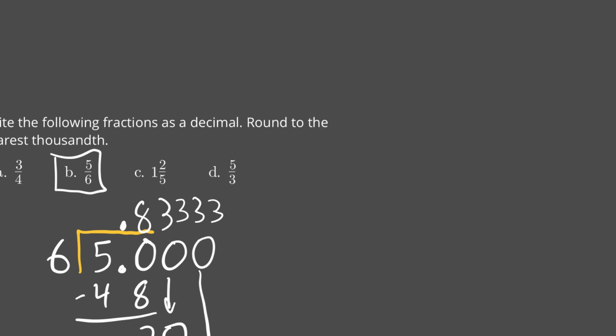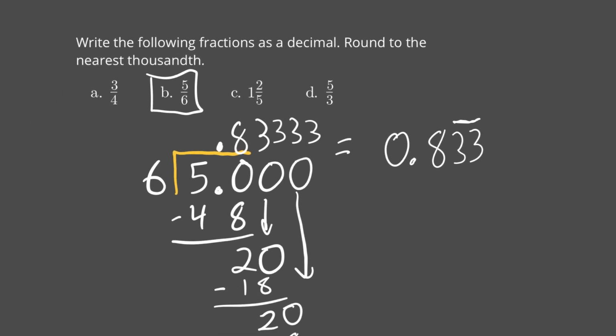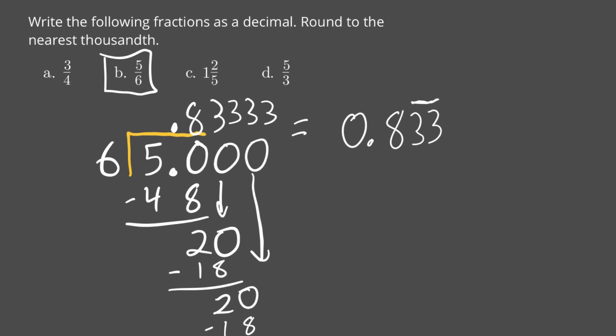So we can write this several ways. We can write this as 0.833 with a bar over the top. That bar represents a repeating decimal. But our problem doesn't say to write it as a repeating decimal.